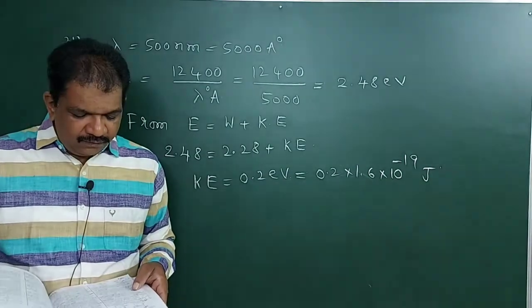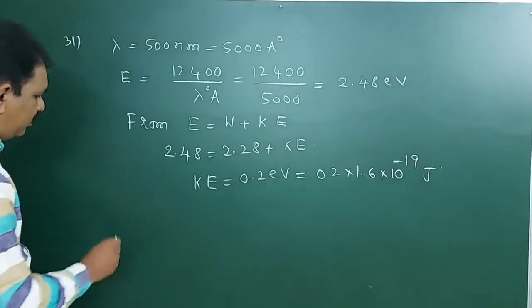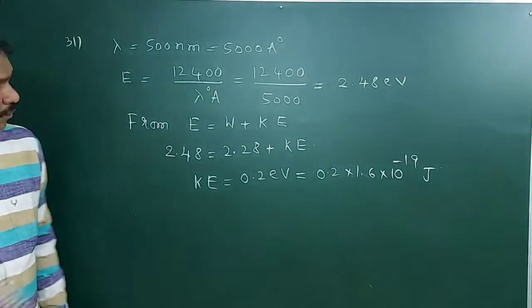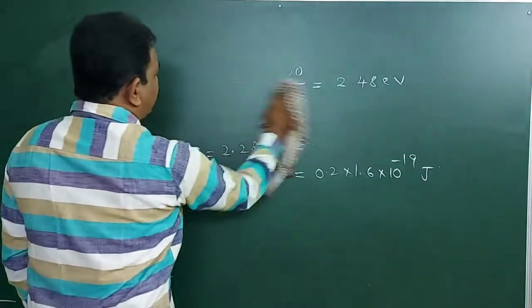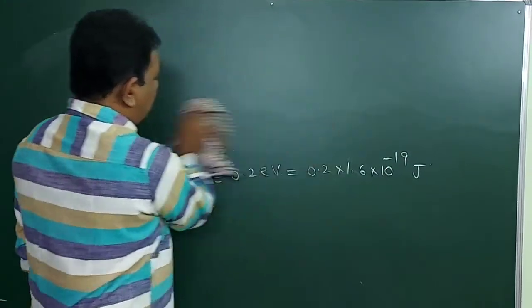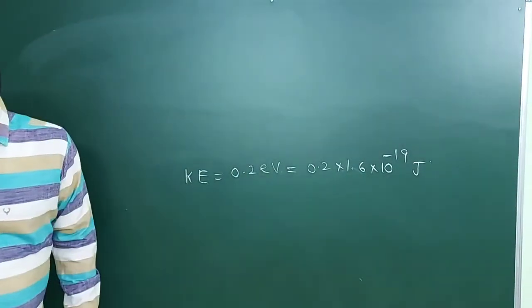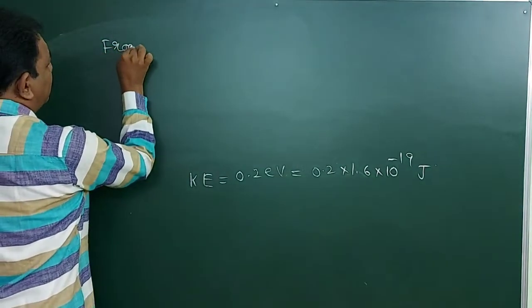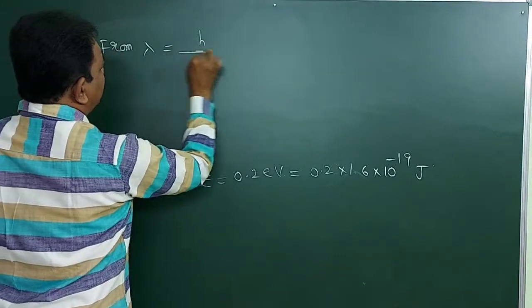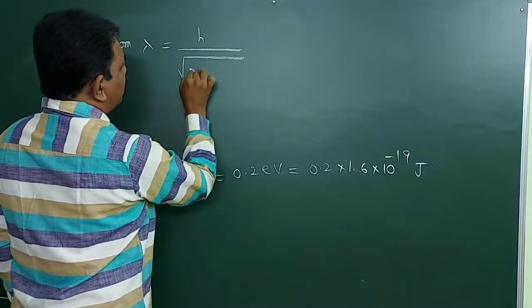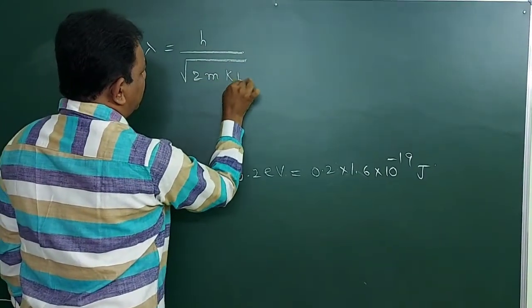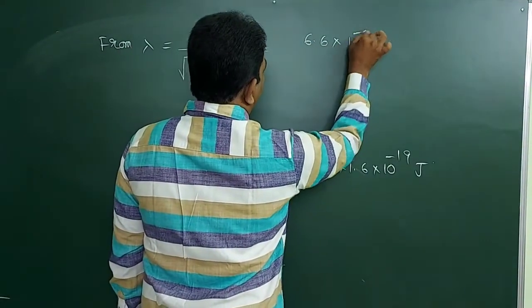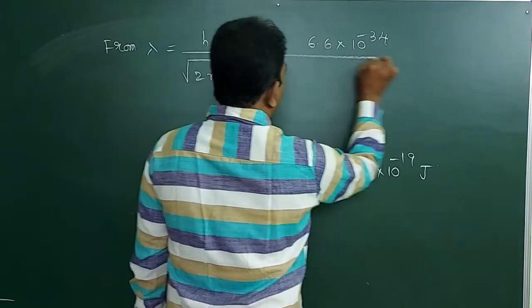Okay. Then find the de Broglie wavelength. Lambda is equal to h by root of 2m Ke. 6.6 into 10 power minus 34.